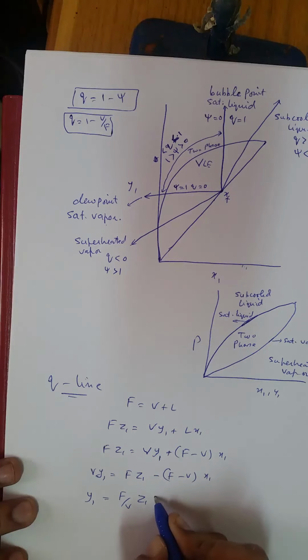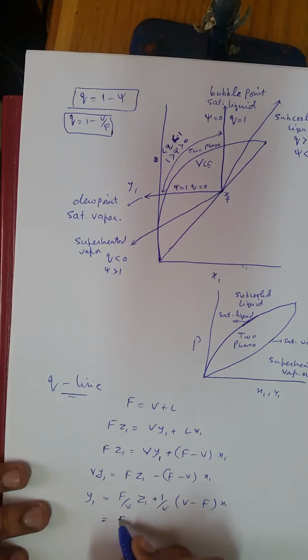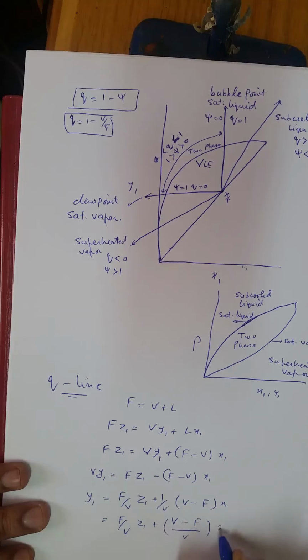So y1 equals F over V Z1 plus V minus F over V x1.